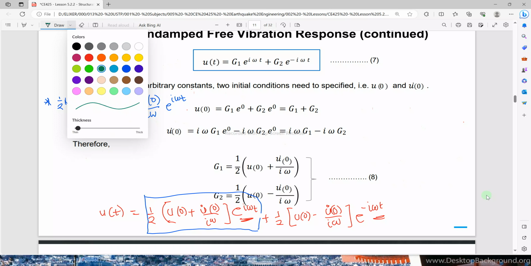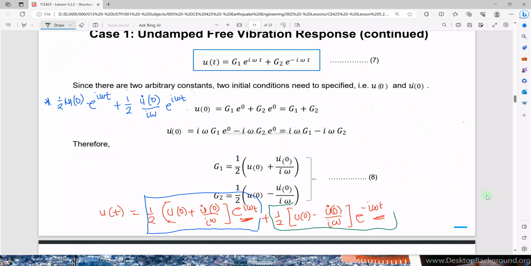Now, on this other side, try to distribute it here. You have 1/2 U of 0 e to the negative i omega t minus 1/2 U dot of 0 over i omega times e to the negative i omega t.